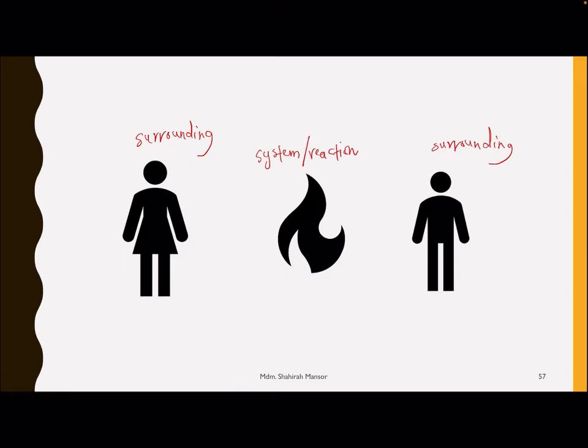But maybe we can calculate the enthalpy of the reaction from the information we have from the surrounding. Because the concept between reaction and surrounding is that the amount of energy released from the reaction will be absorbed by the surrounding. So by knowing the information from the surrounding, it makes it possible to find the enthalpy of a certain reaction. That is the relationship between reaction and surrounding.